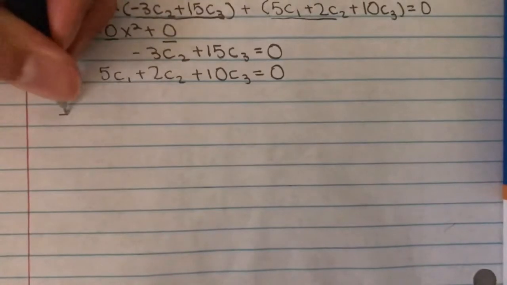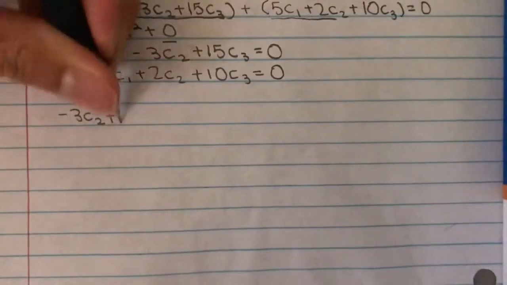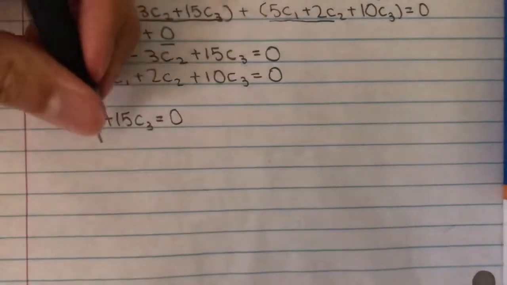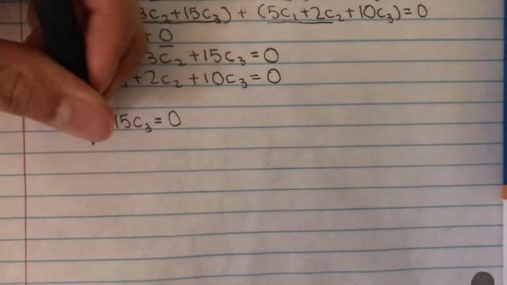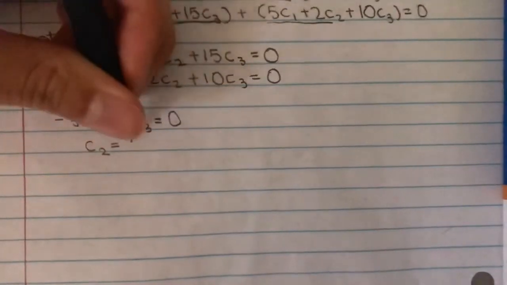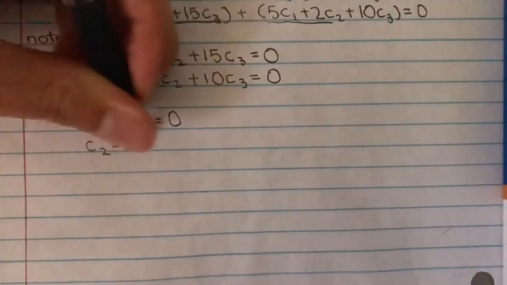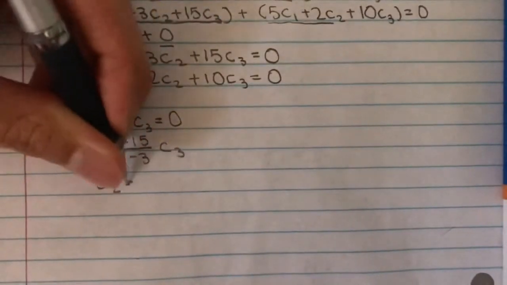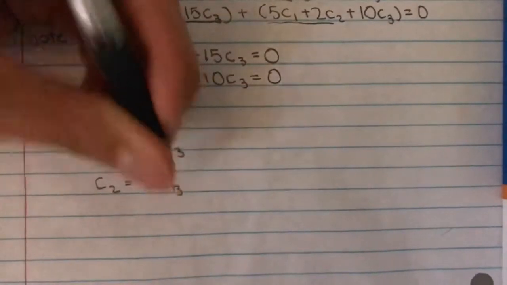Negative 3c sub 2 plus 15c sub 3 equal to 0. Let's isolate c sub 2, which is going to be negative 15 divided by negative 3, c sub 3, so c sub 2 equals 5c sub 3.